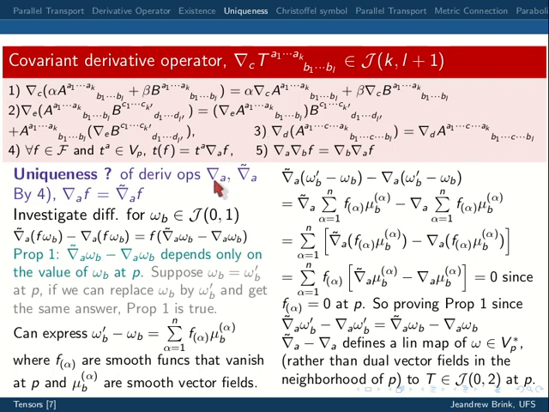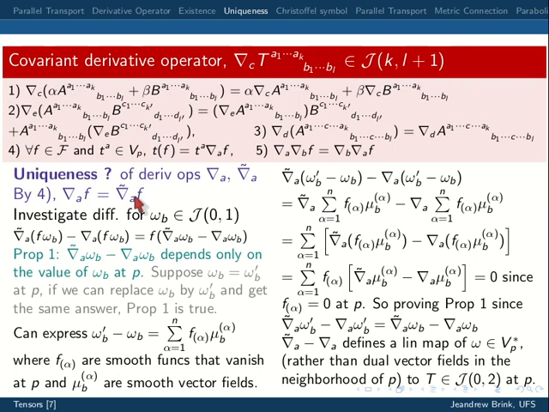And then we went and said, well, what can we say about other derivative operators? In fact, if you have 2 derivative operators, how does their action on a tensor differ? And we had directly from the 4th axiom that the action on a (0, 0) tensor, namely the action on a scalar, is exactly the same.